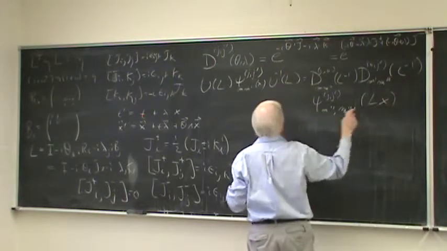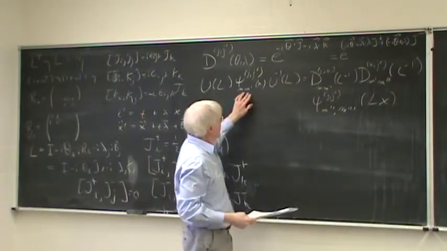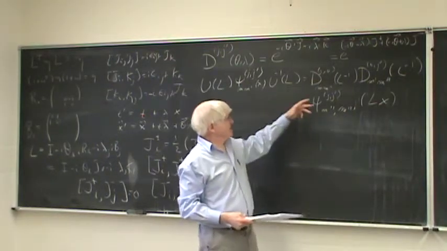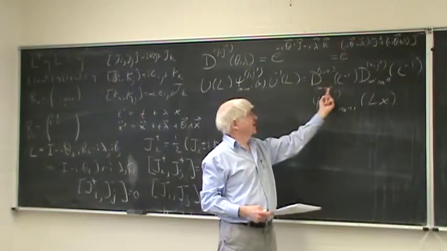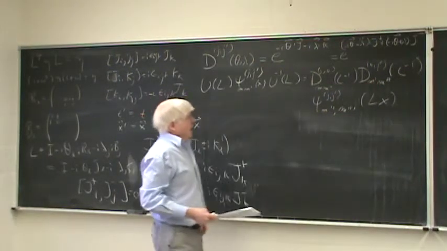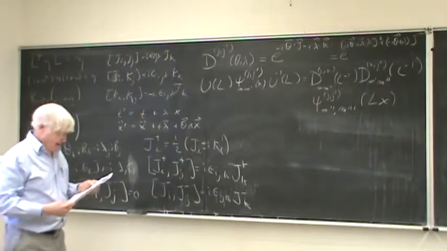So under a Lorentz transformation, a general field, the argument goes to Lx, but the spin indices transform as L inverses, and they transform in that way.